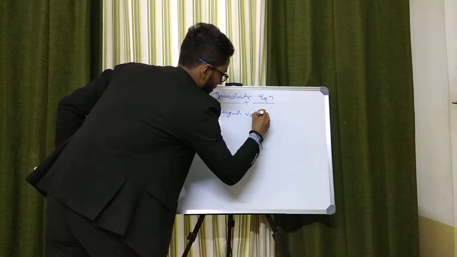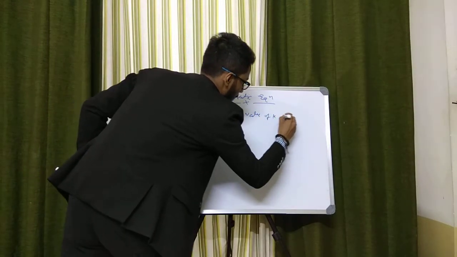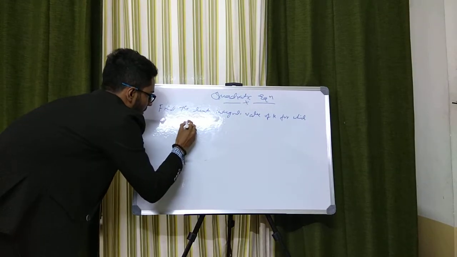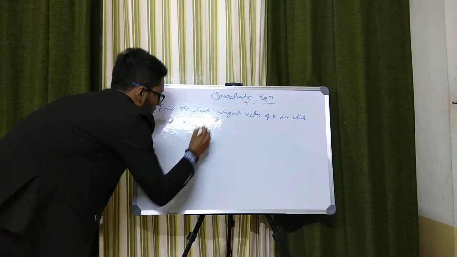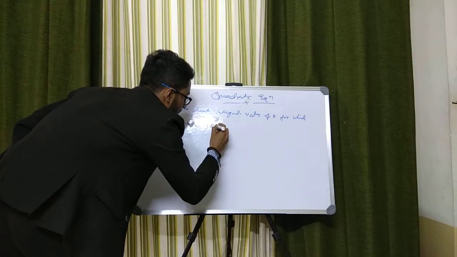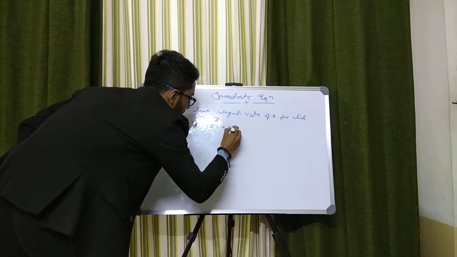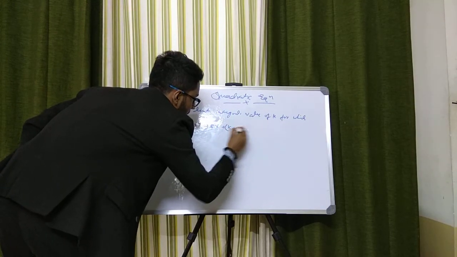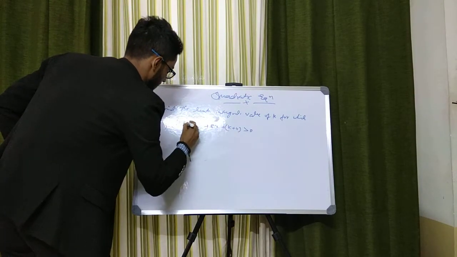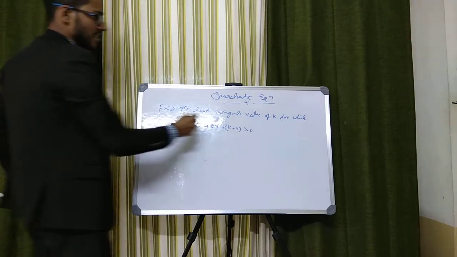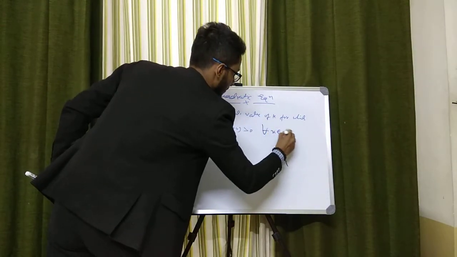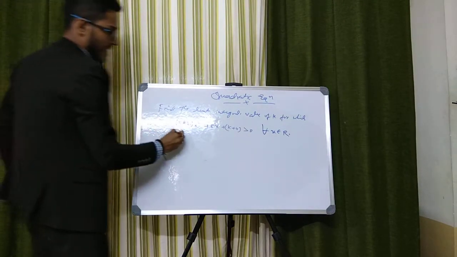Find the least integral value of k for which (k minus 2)x square plus 8x plus k plus 4 is greater than 0 for all x belonging to R. So this whole expression has to be greater than 0.